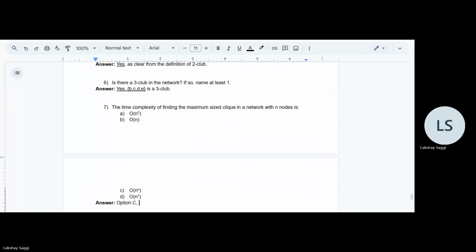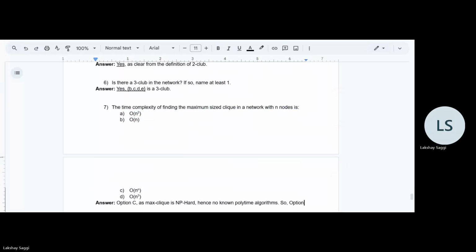Option C, as max clique is NP hard and has no known polytime algorithms.